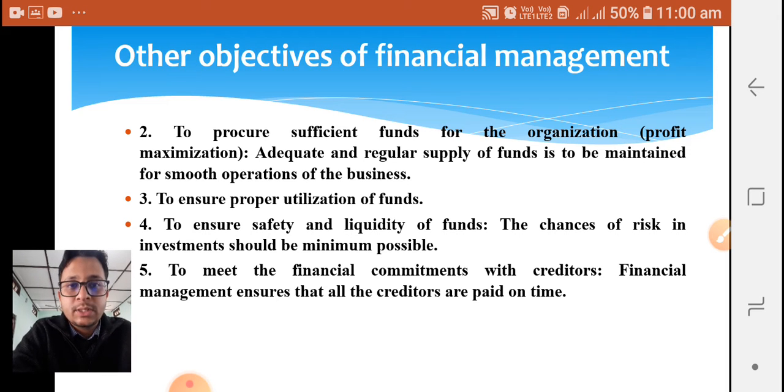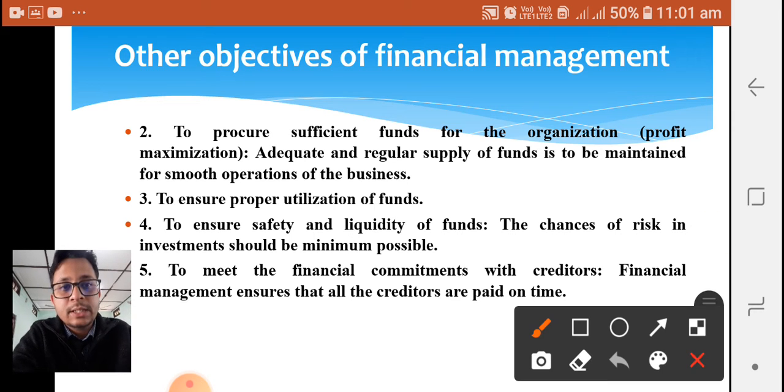Why is it the riskiest? Because the firm is under no obligation to repay that money back to them. If the business does not make a profit, then the wealth of the equity shareholders will be finished. The firm will not repay the money since it is under no legal obligation.